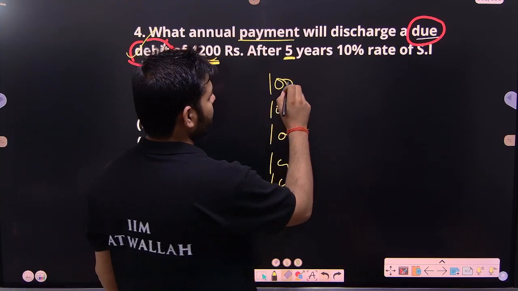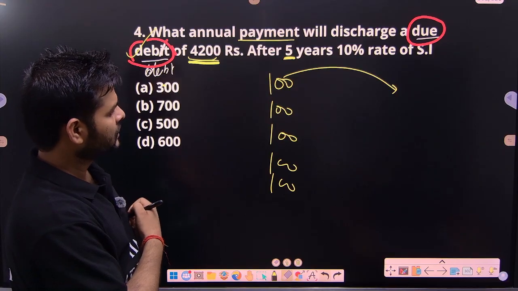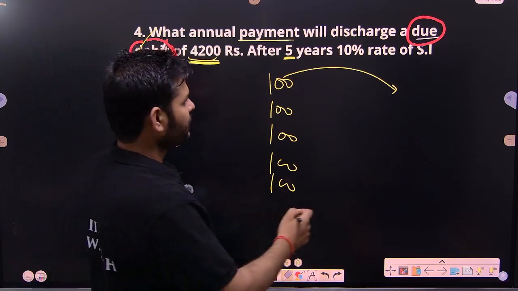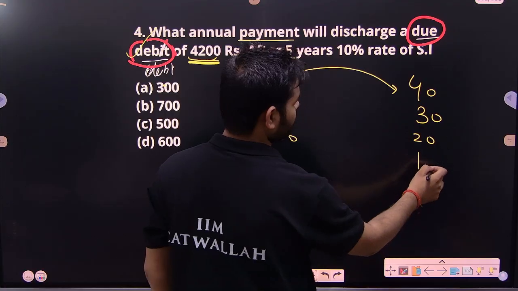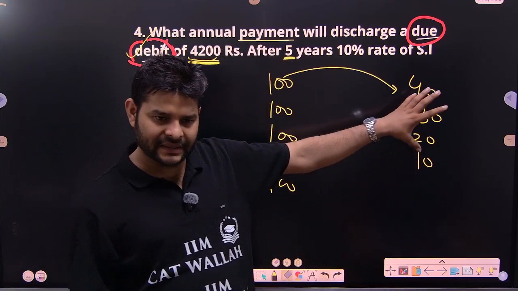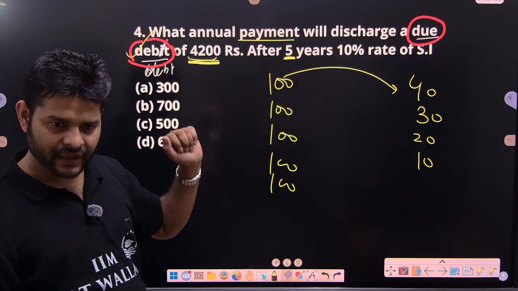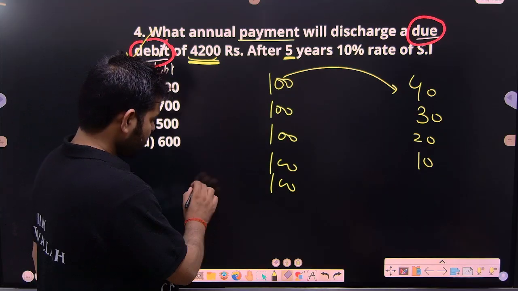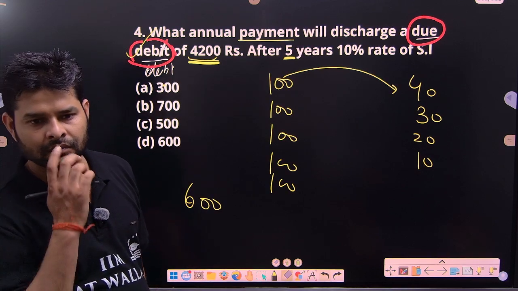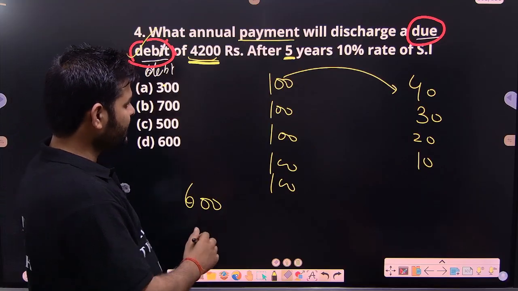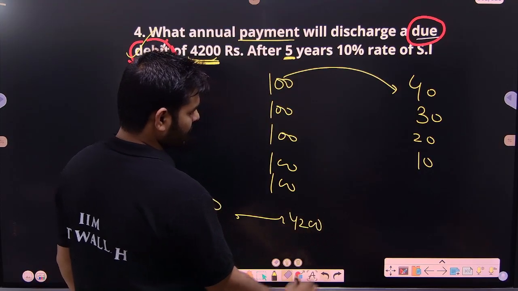I will get the interest on that value for 4 years, that would be 40. So basically I will get the interest from the bank, 100 unit, and this is my 500 unit. So that would be 600 unit. So that 600 unit would be able to discharge my 4,200.